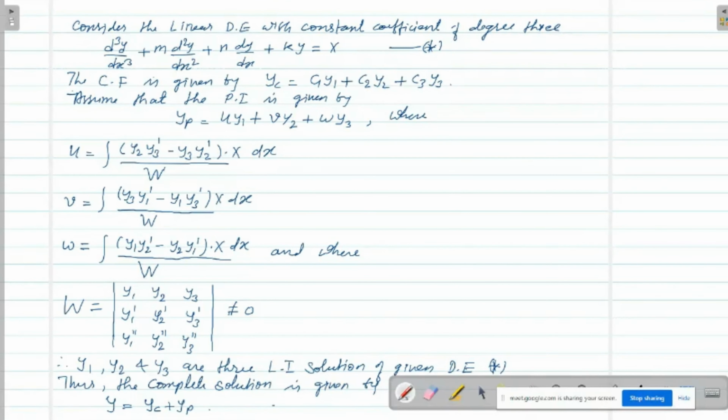So this is the method of variation of parameter for a third order linear differential equation with constant coefficient. I hope you understood this technique.